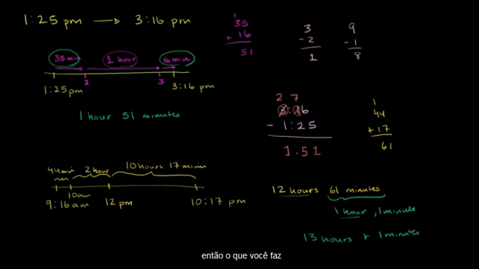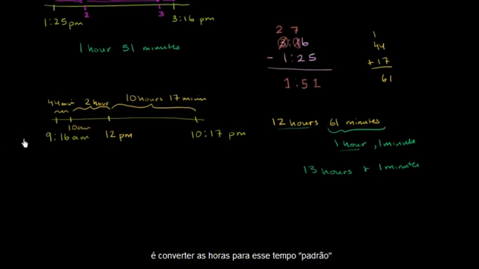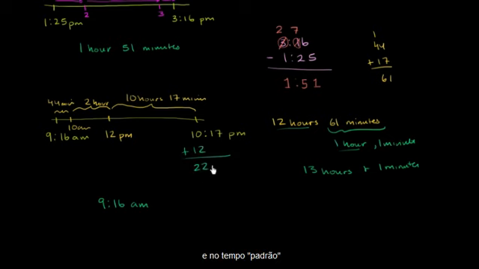So what you do is you convert both to military time. So 9:16 a.m. is still going to be 9:16 a.m. But 10:17 p.m., we're going to add 12 to it, and in military time, it'll be 22:17.